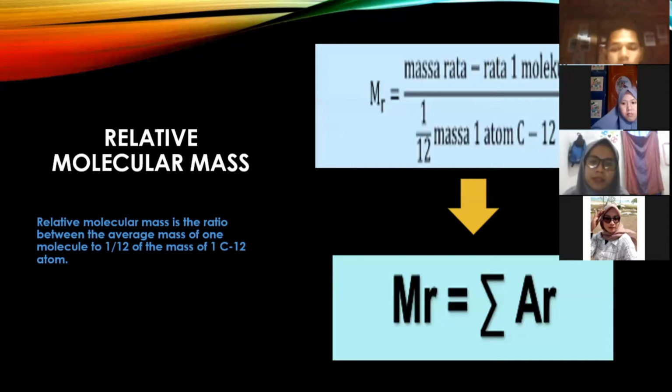Okay. The relative atomic mass is the mass of an atom compared to the standard atomic mass. Relative atomic mass is written Ar. IUPAC, the International Union of Pure and Applied Chemistry, uses carbon-12 as the standard for determining relative atomic mass.